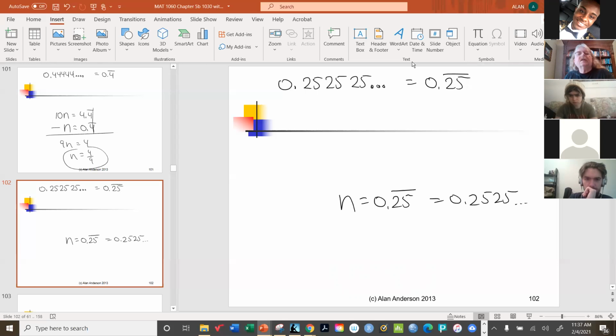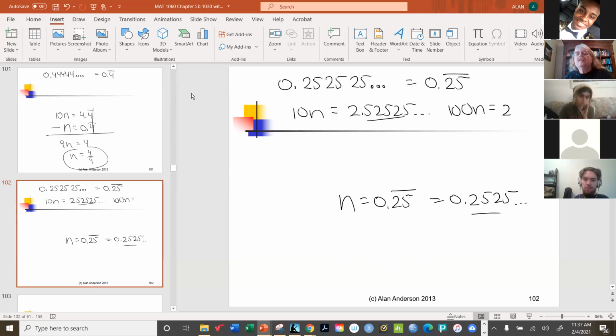if you try 10n, that's right, you're going to use 100 because 10n isn't going to do you any good. It's just 2.52525. And so you see, these will not cancel each other out. So what do we do about it? We're going to choose 100n. Because remember, the whole point of this is to eliminate the repeated digits when we subtract.